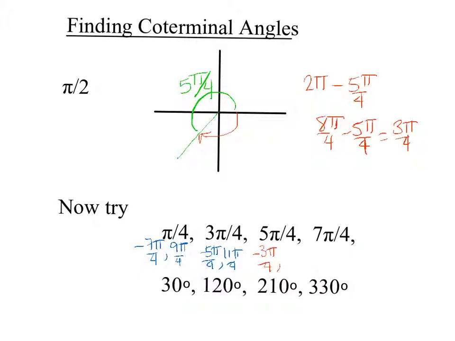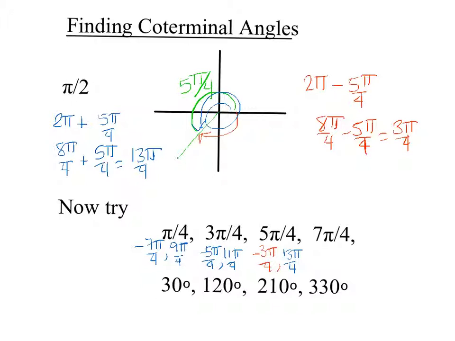Then I can go to the other one and say, what if I went full circle around and then back again? So I've got my full circle of 2 pi plus the 5 pi over 4 that I went again. So my common denominator is 8 pi over 4 plus 5 pi over 4 gives me 13 pi over 4. So that would be another one.